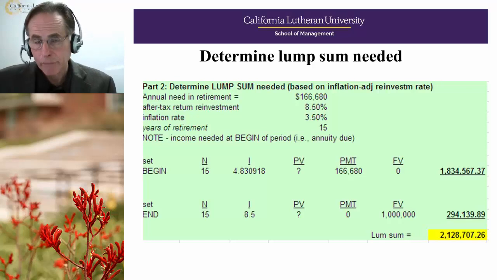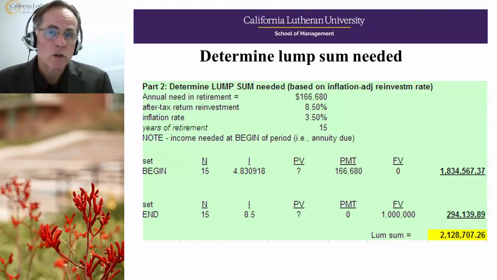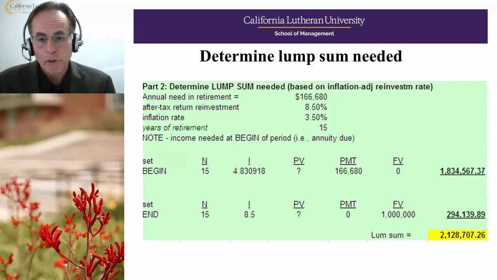If we wanted that to increase at the cost of inflation, then in fact we would simply look at that first line there and put $1 million in the FV and solve for PV. In this case, and I think it's good for purposes of example, I'm doing it both ways. We add them together to get that lump sum need.